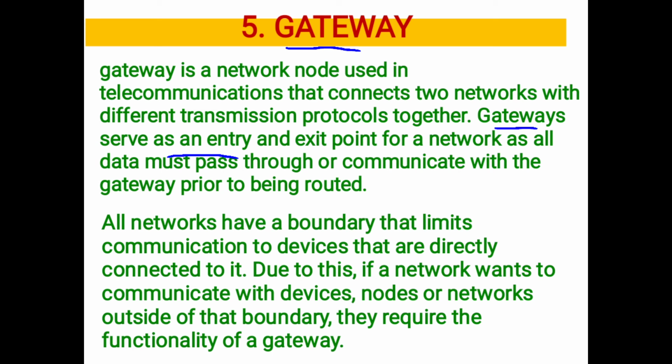So you can say gateways are used to connect computers with different IP addresses. From one device to another, when you are transmitting data, first you need a gateway which will give you the entry, and after this you will be allowed to transmit the data. That is what the gateway is supposed to do. The gateway will be used when two computers are using different protocols. Protocols will be taught in a completely separate video.